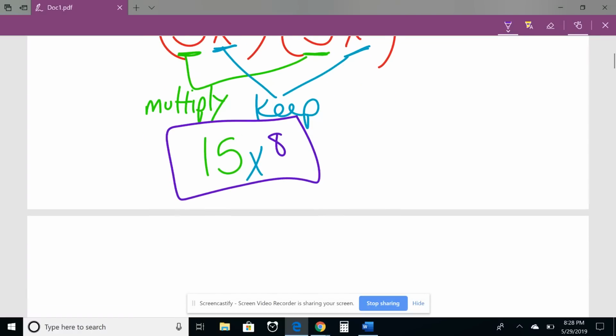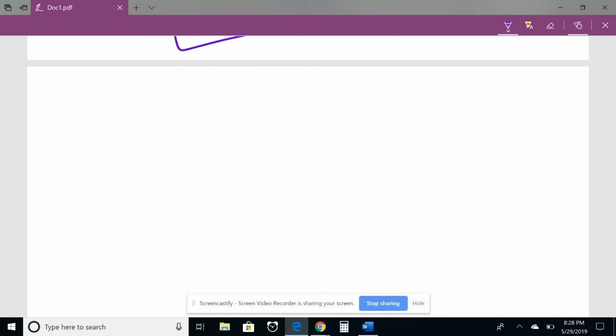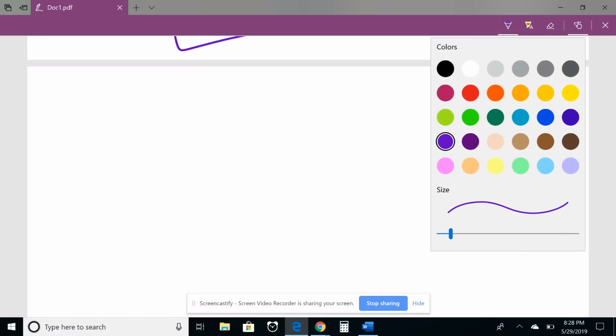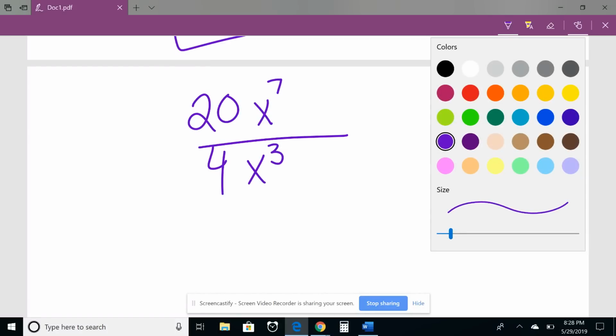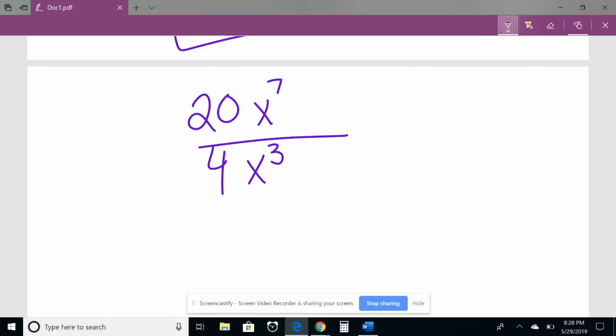All right, let's look at one where you divide. When I divide, I'll write it as a fraction: 20 over 4, x to the 7th over x to the 3rd. With these, you divide the numbers out in front. 20 divided by 4 is 5.